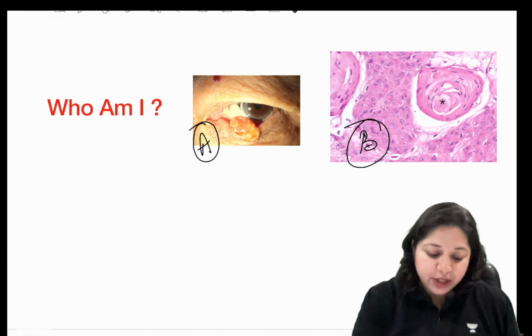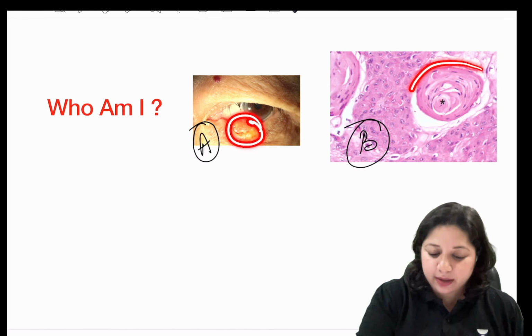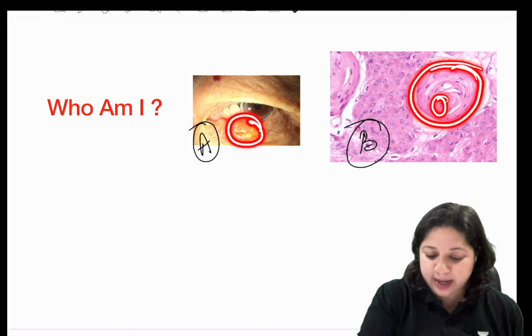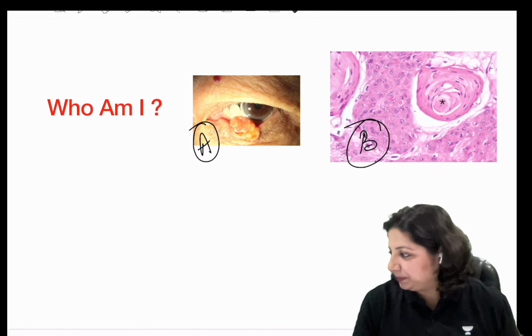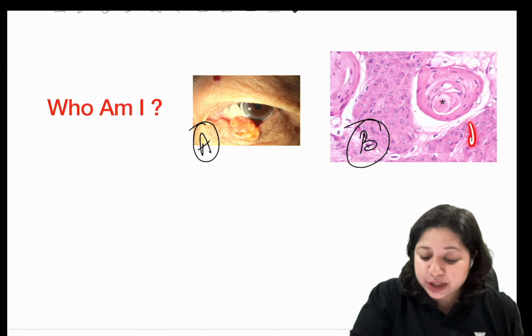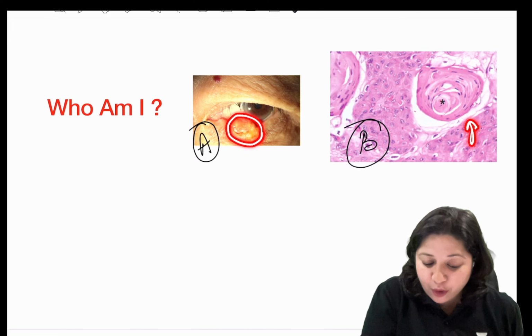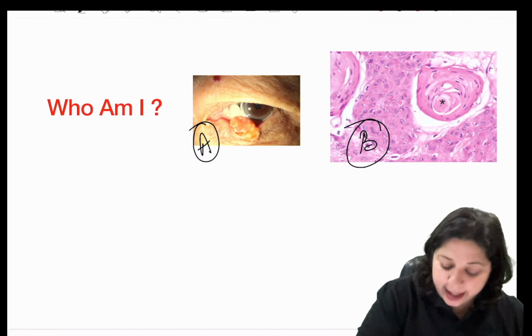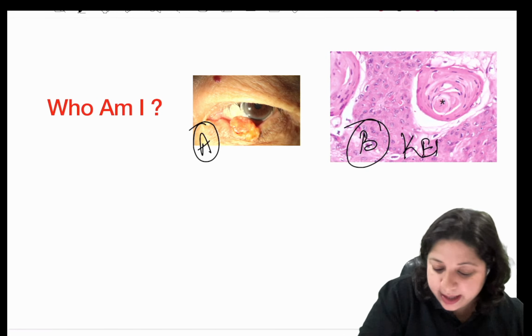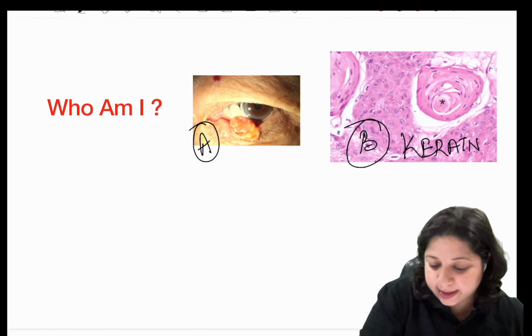Okay. All right. So here you have a lesion, and there's an asterisk made here. What structure is this? This is a pathological picture. This is not a dermoid cyst. There's a lesion in the lid. What you get to see in the image here is a keratin pearl.